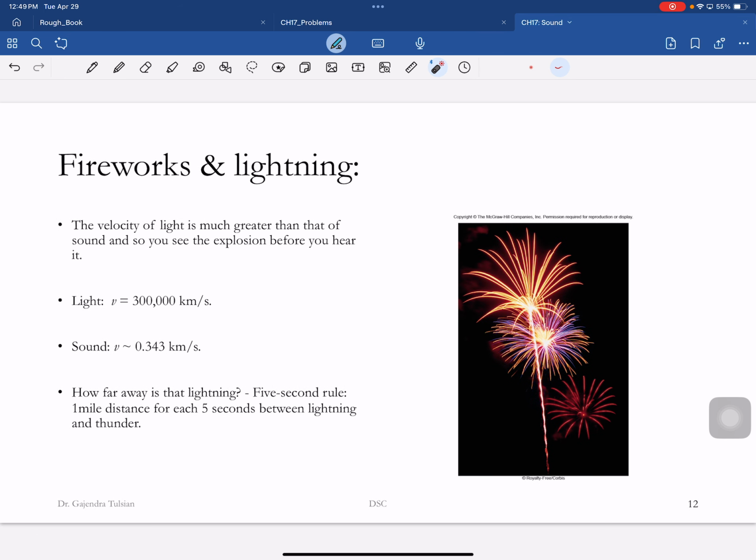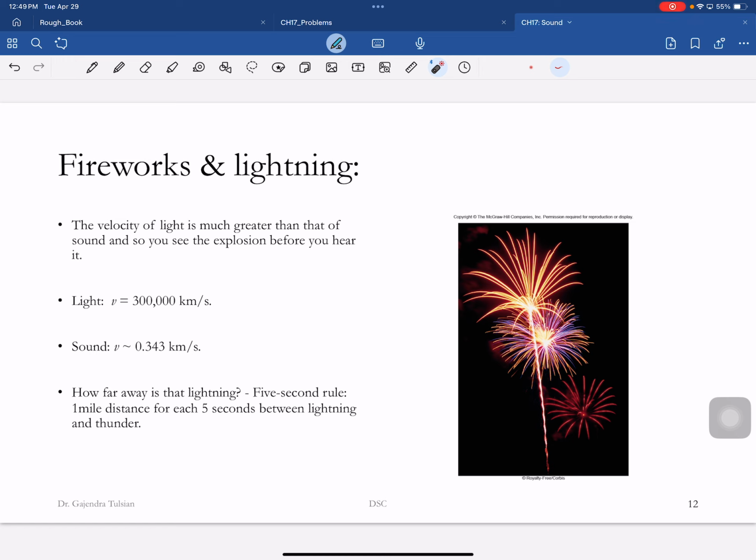All right, so you might have seen this. Sound travels at 343 meters per second, that's 0.3 kilometers per second. And light travels at 300,000 kilometers per second. So almost 1,000,000 times faster than sound. So here's the rule.